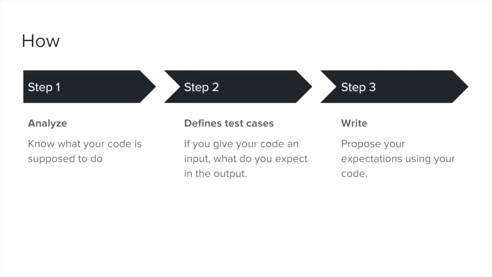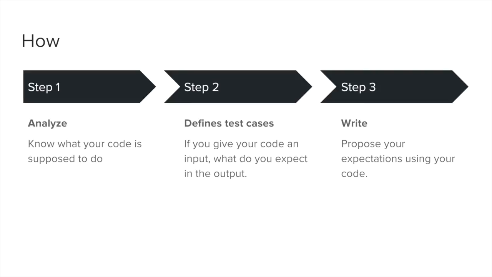I break everything into three steps. The first one is the analysis, so you should know what the code is supposed to do. For example, if it's sorting, and you provide an unsorted array, it should give you the output as a sorted array, no matter what algorithm you use.